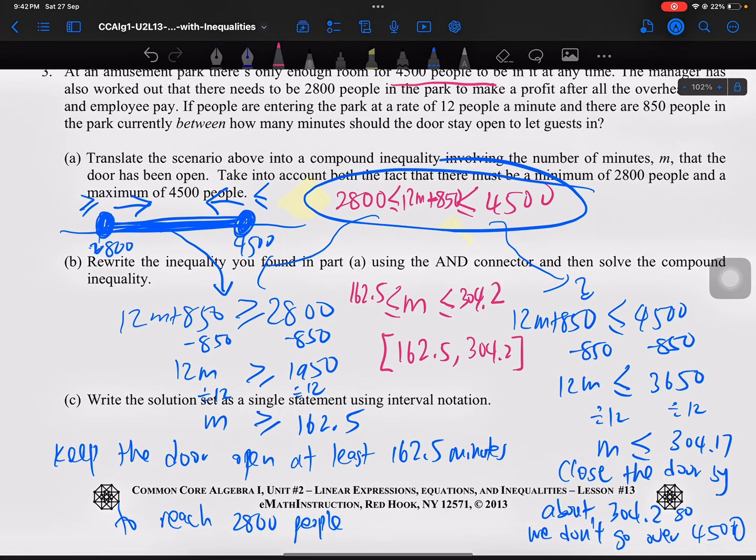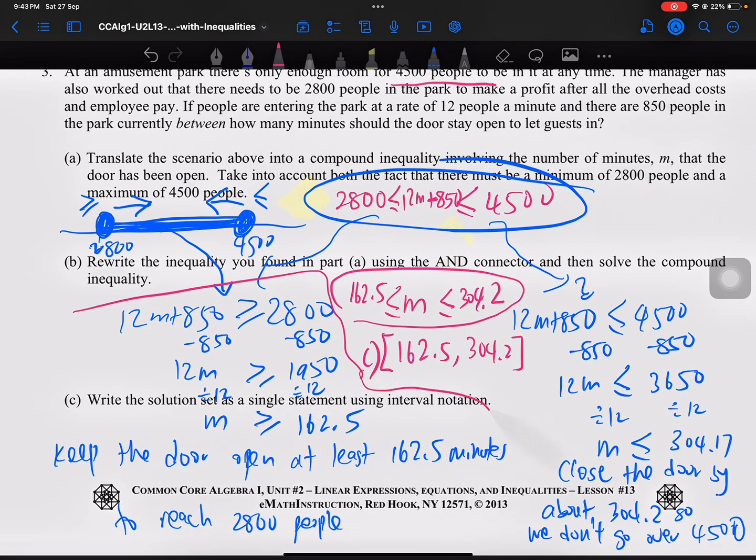This is for C. The rest is for B. Until here is for B. Everything here, and here is for B.